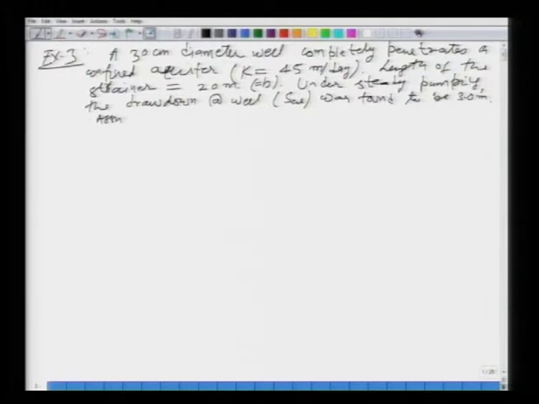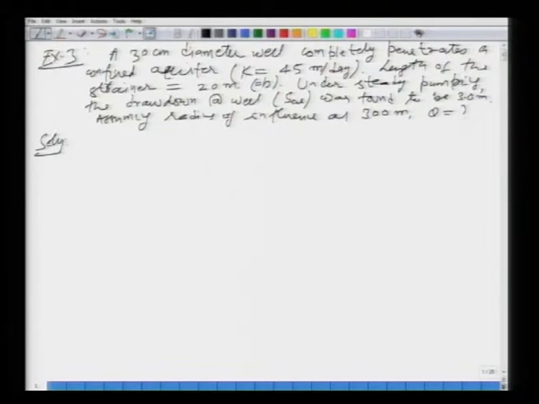Assuming your radius of influence as 300 meters, find out what is the rate of pumping. So, these are the data given. It is a very simple problem in fact. So, let us see how we can find out this discharge or pumping rate Q.